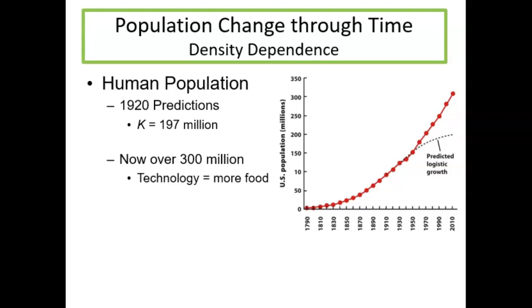Additionally, transportation has become better, so we can also import food, right? One of the things that you might notice if you go to the grocery store is a lot of the foods that are there are not from the United States. And so more food available means we can support more people. We have also increased the chances of people surviving. So one thing that's happened is medicine has gotten a lot better.